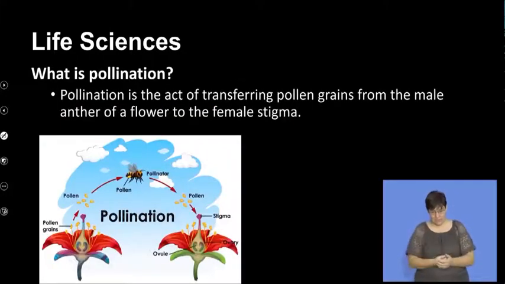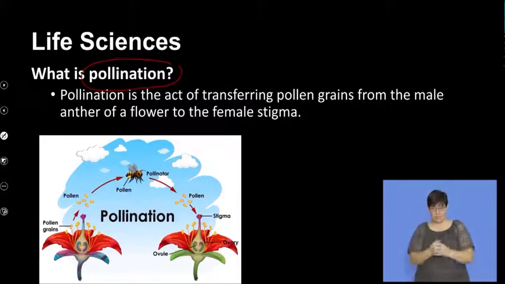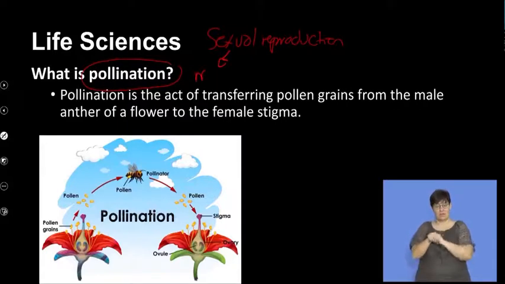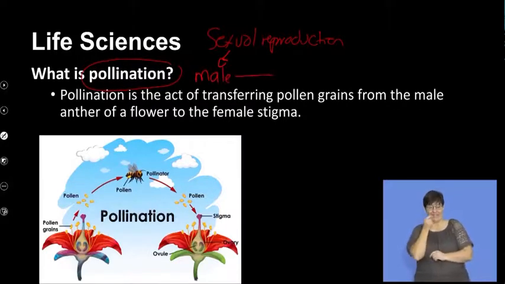So there's this whole concept that we need to understand called pollination. And what pollination is, as I said to you, is we're looking at sexual reproduction. And when we look at sexual reproduction, very often the male must travel to the female.